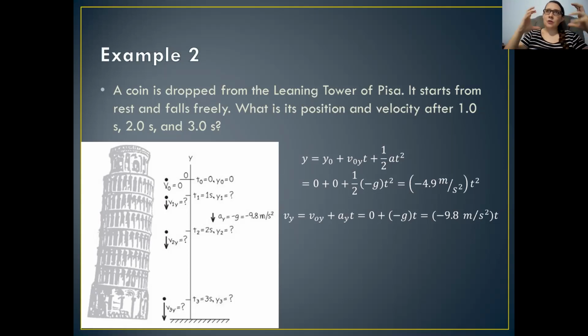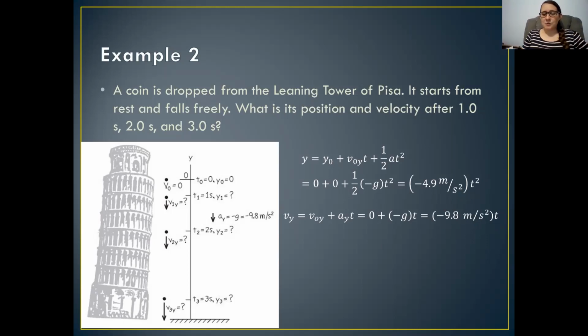So if we think about how long it's been accelerating, plus how fast it was moving initially, that gives us how fast it's moving now. So initially it was moving at a velocity of 0. The acceleration is negative g times the time, however long it's accelerating. And so you see our two equations have become much simpler just based on where we set our coordinate system and the fact that it's falling from rest. Those are very helpful things.